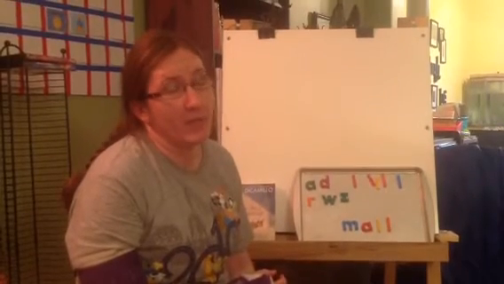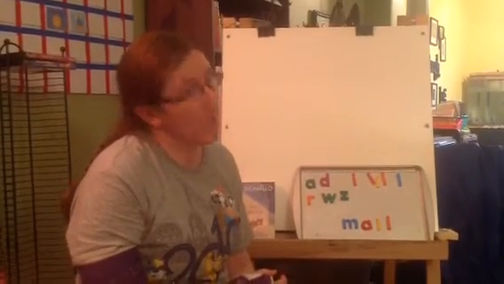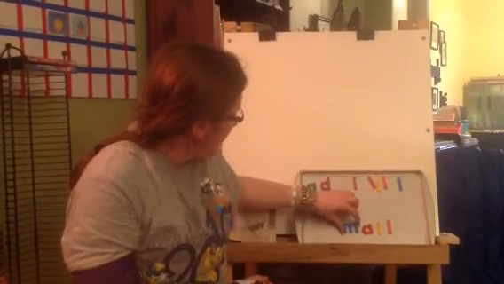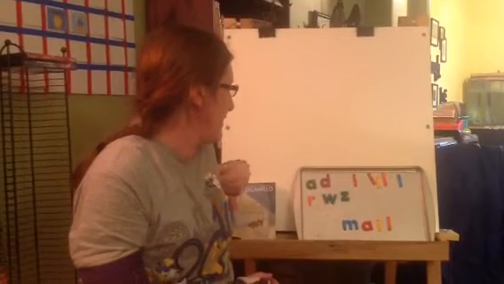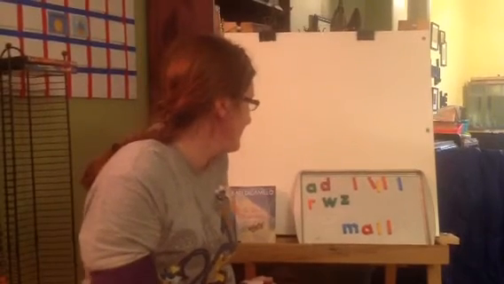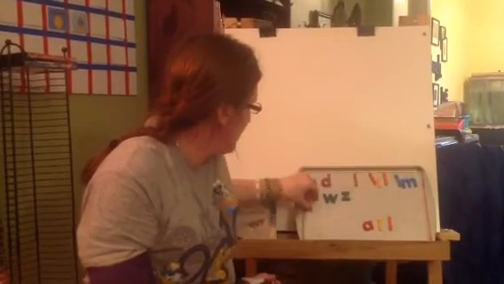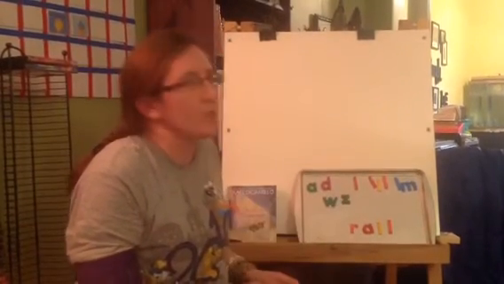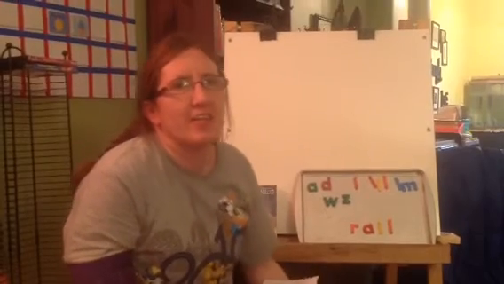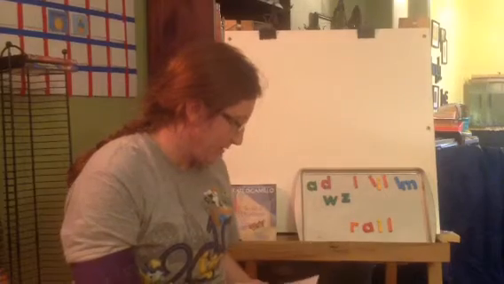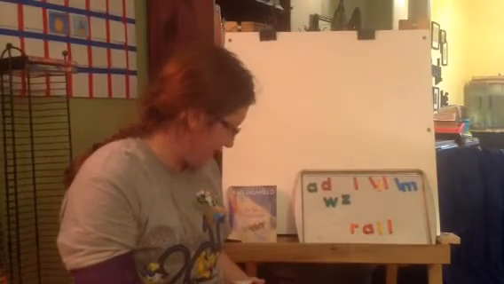I check the mail every day for my Legos and they are never there. Add mail to your list if you don't have it. Then I'm going to change my M to an R to make rail, like the thing that the train drives on, the rails or the tracks. If you don't have rail, add it to your list.